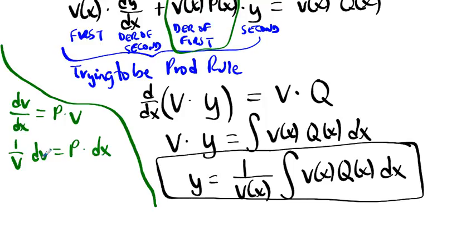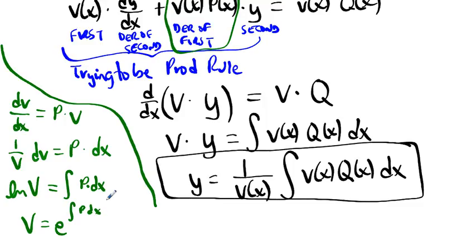So the antiderivative here is the natural log of v. The antiderivative here is the integral of whatever p is. We don't know what that integral is, and it doesn't matter. But when I want v by itself, that's easy. v is e to the integral of whatever p is.